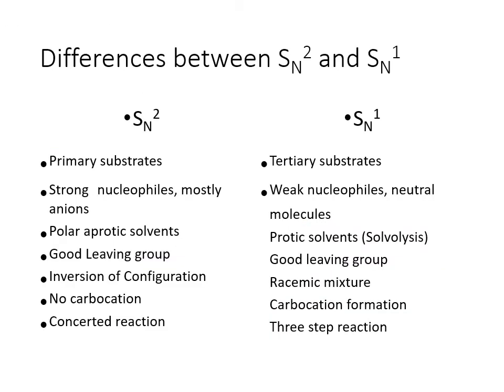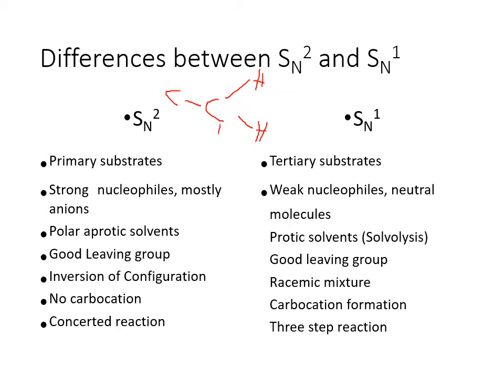So other than the definitions, what are some other differences between an SN2 reaction and an SN1 reaction? Well, to start off, you have here the SN2 reaction reacts with mostly primary carbons, right? So you have a carbon, right? You have two H's, right?